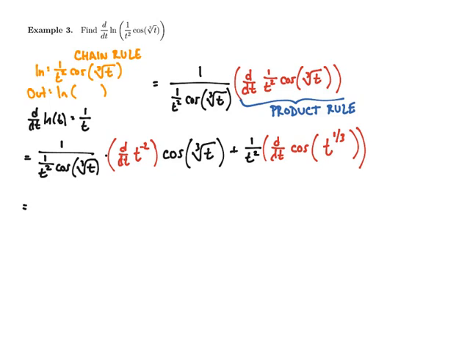So everything in black here is just going to keep on coming along for the ride. The derivative of t to the negative 2 is going to be negative 2t to the negative 3 using the power rule.